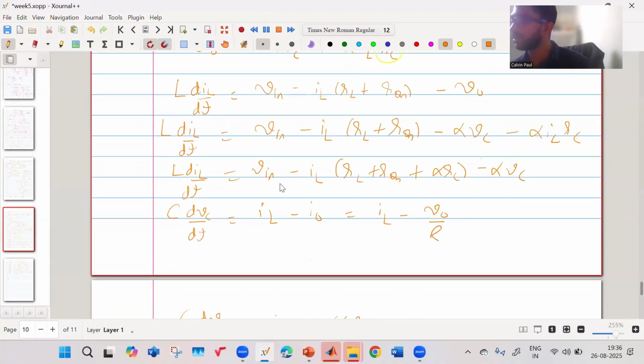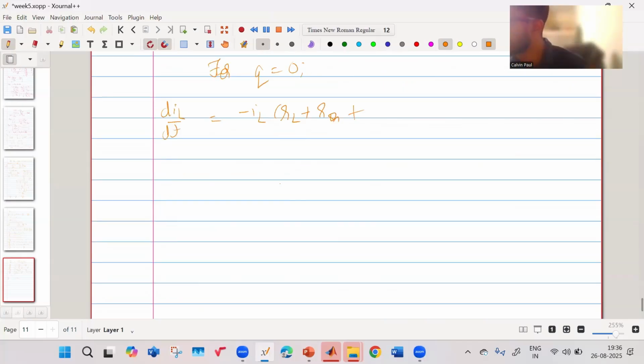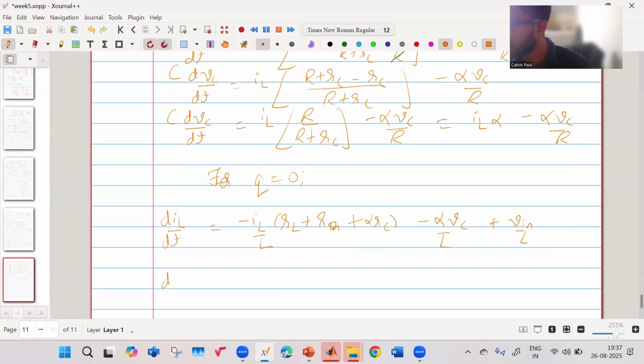RL plus R1 plus alpha RC, all by L, minus alpha VC by L plus Vn upon L, and our dVC by dt, that is equal to IL into alpha by C minus alpha VC upon RC plus 0.